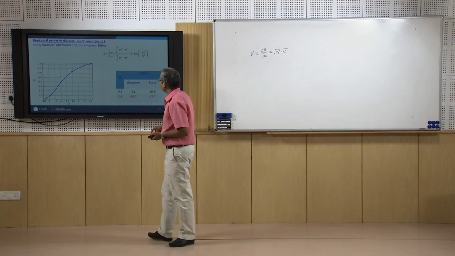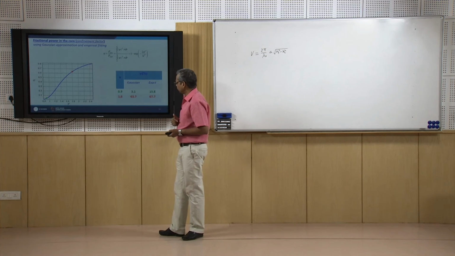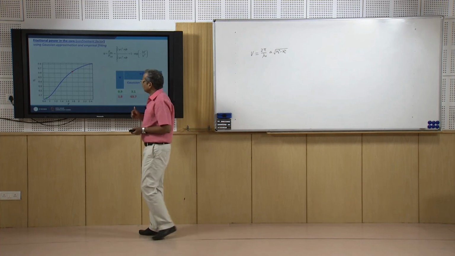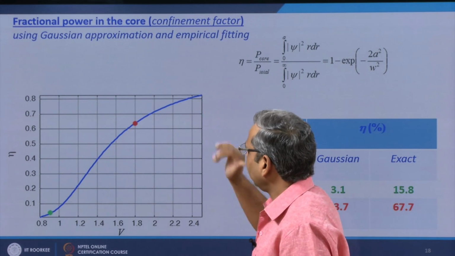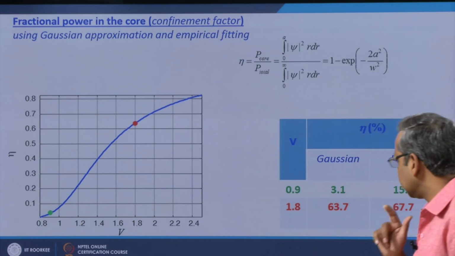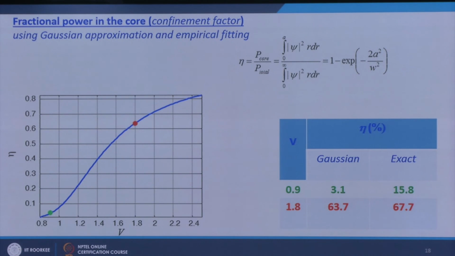However, at higher values of V the discrepancy is small, and therefore the discrepancy in fractional power is also very small. So the agreement is good.